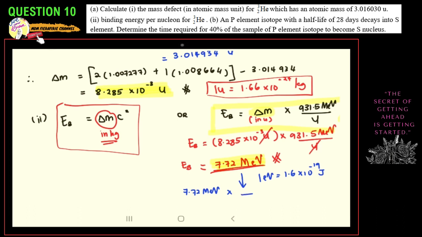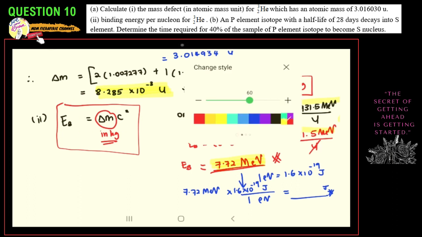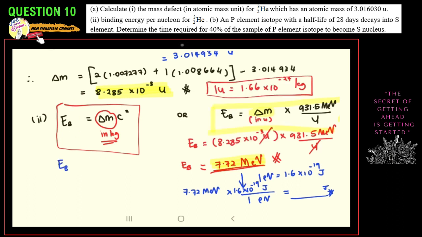MeV ke atas, so now eV kat bawah, joule ke atas. So 1 eV, 1.6 exponent negative 19. So kalau awak tukarkan kepada joule, you dapatlah jawapan dalam unit joule. For this question, boleh guna in case delta M awak dalam kg sahaja. If you use this equation, your answer would be in joule. Tu beza di antara dua tu.